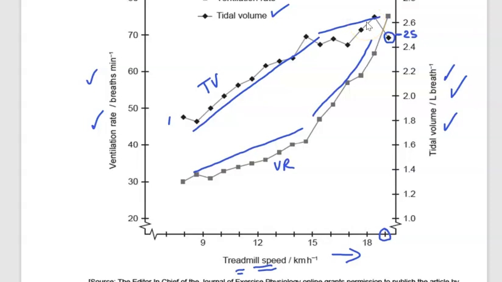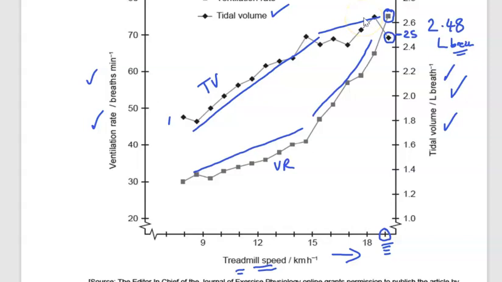I've done this with a ruler already, and I'm actually thinking it's 2.48, and that would be liters per breath. Then up here I have the value for the maximum treadmill speed, and I've got the value for the ventilation rate.